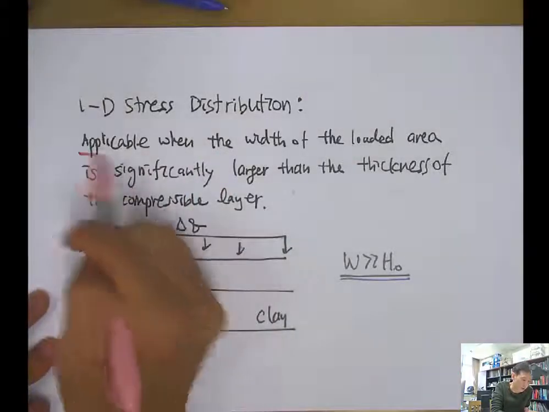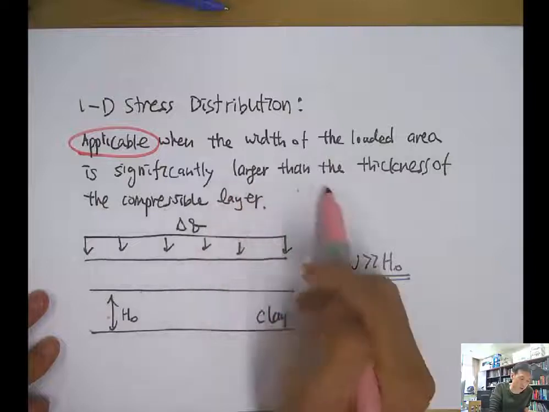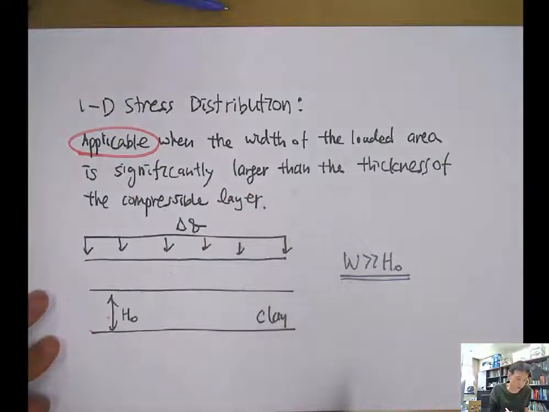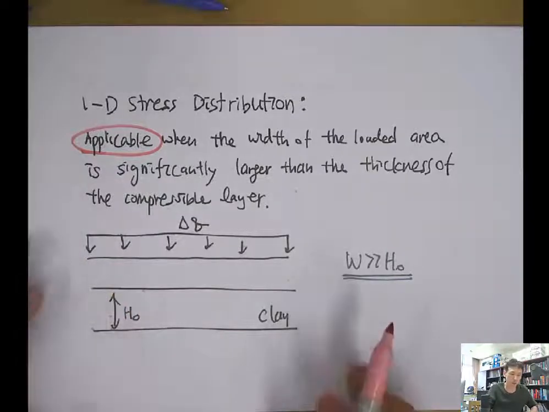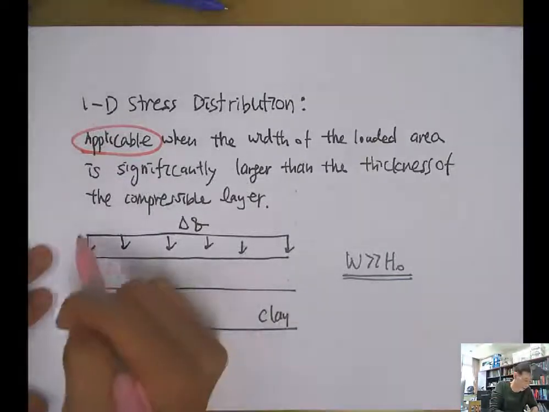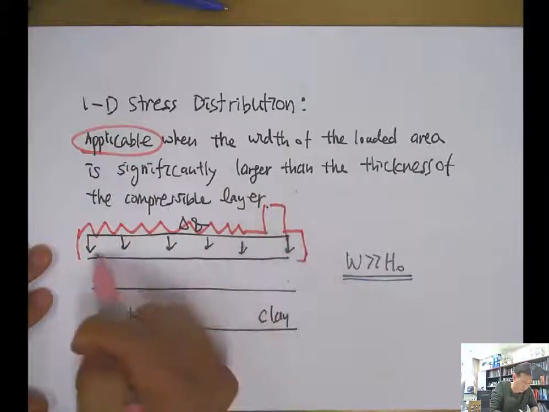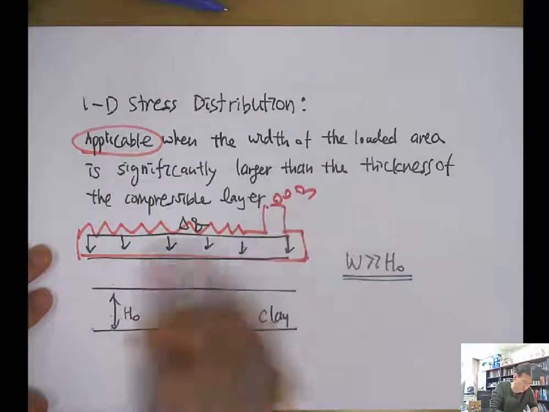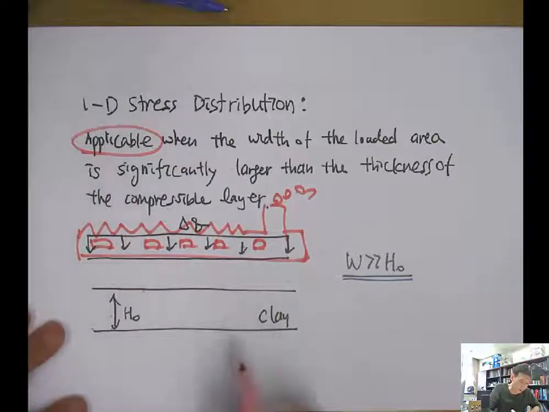This is applicable when the width of the loaded area is significantly larger than the thickness of the compressible layer. For example, you are building a very large factory, maybe 100 meters by 100, and the clay thickness is only about 2 meters.